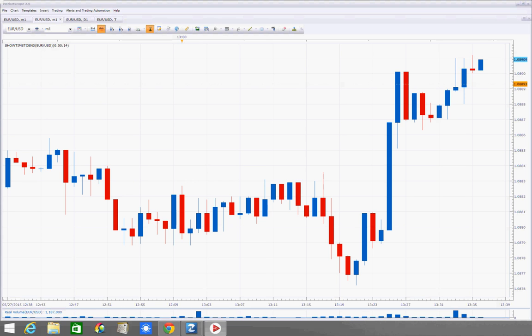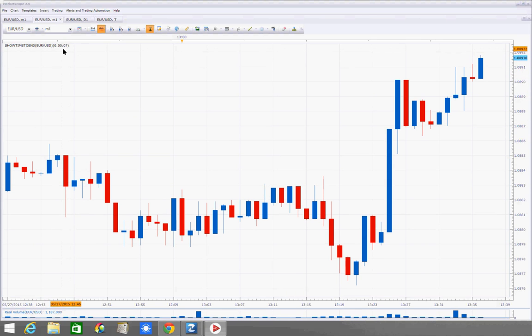Alright, so looking at the current candle and finding basically who's in control. Currently we have 8 seconds over here, so the bulls are currently pushing the price, and then what's next after that?